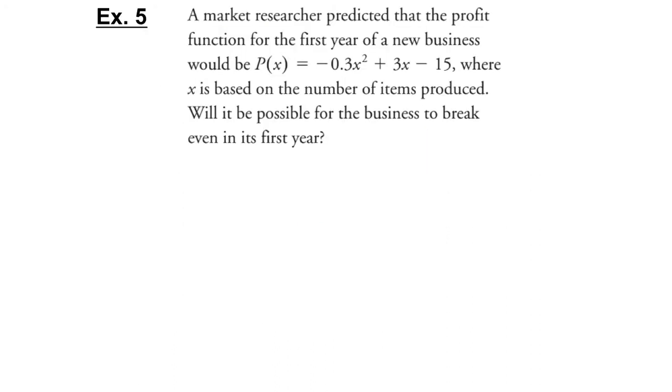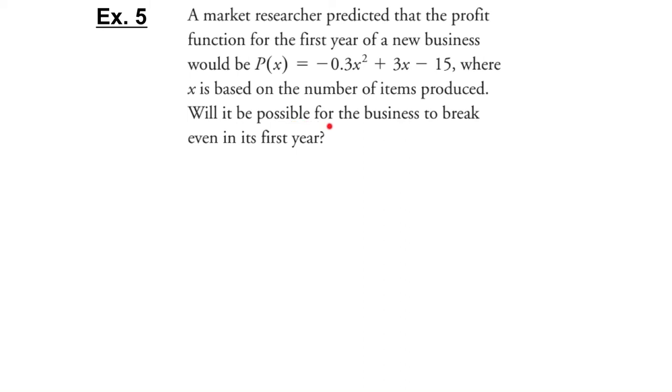And here's my last example for this lesson. A word problem. A market researcher predicted that the profit function for the first year of a new business would be p of x equals negative 0.3x squared plus 3x minus 15, where x is based on the number of items produced.